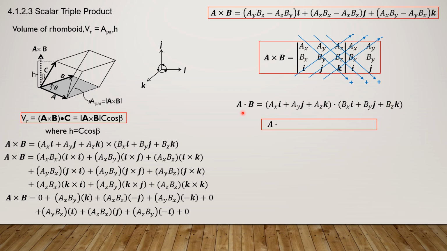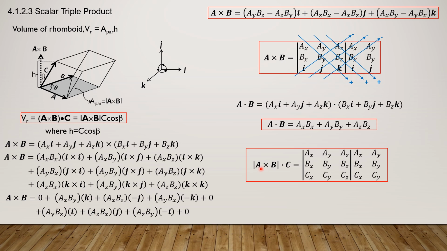So therefore, we can easily expand this. This is simply the sum of the products of corresponding components, because we have AXBX I dot I, which is 1, AYBY J dot J, and AZBZ K dot K, which are all 1. Then I dot J, I dot K are zeros, and vice versa.